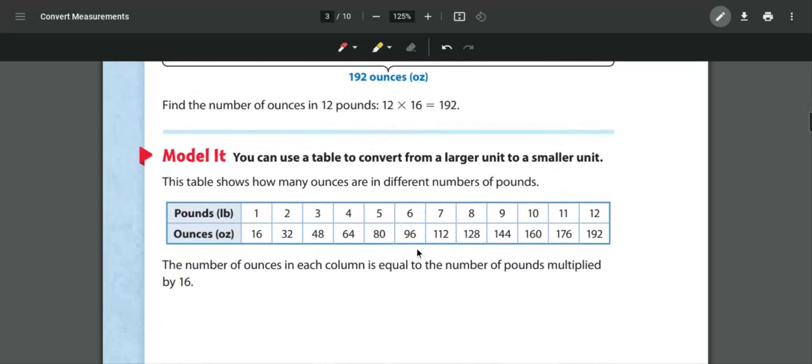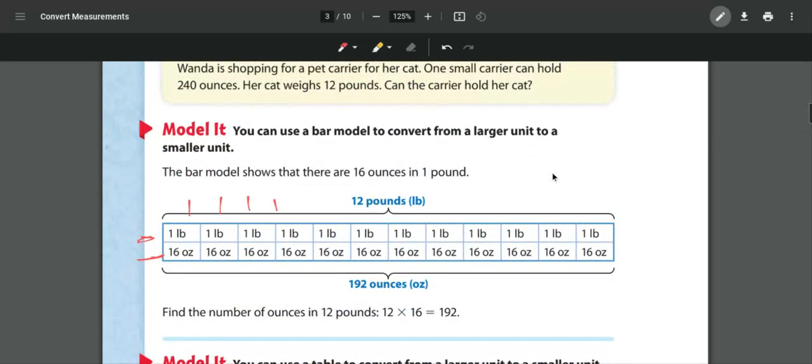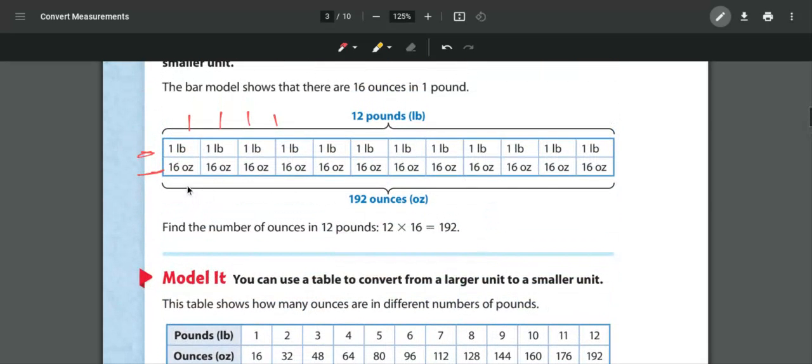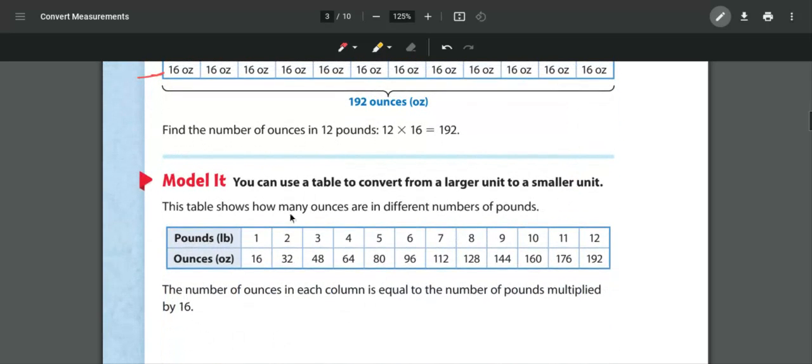You can use a table to convert from a larger unit to a smaller unit, right? So this is from a larger unit to a smaller unit. You can also use this table. This shows pounds and ounces as well. So this table shows how many ounces are in different numbers of pounds. This one is showing pounds and ounces, and then the number of pounds is changed, and it correlates with the ounces.